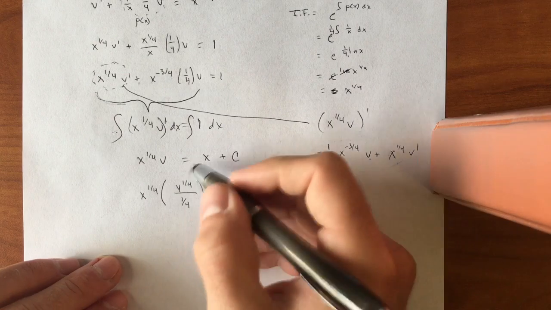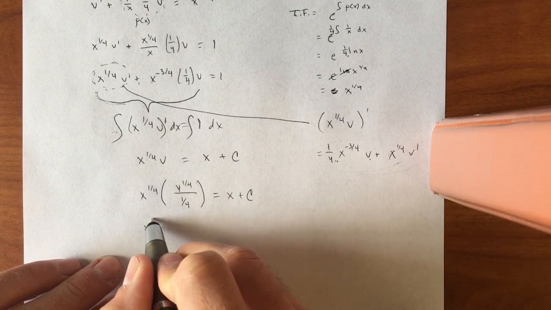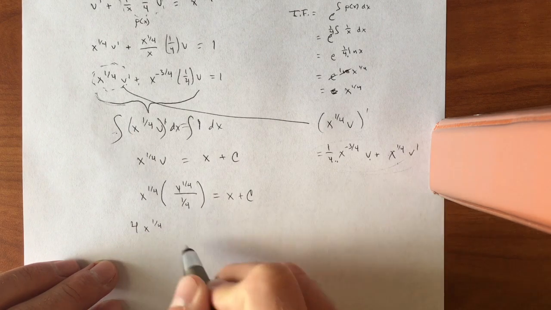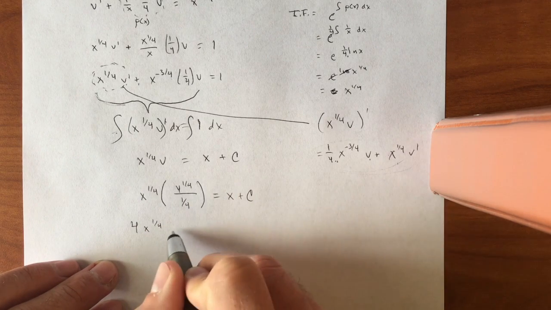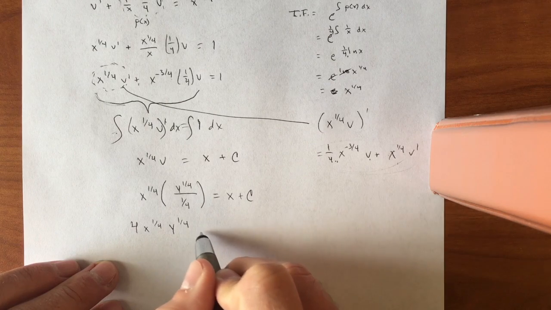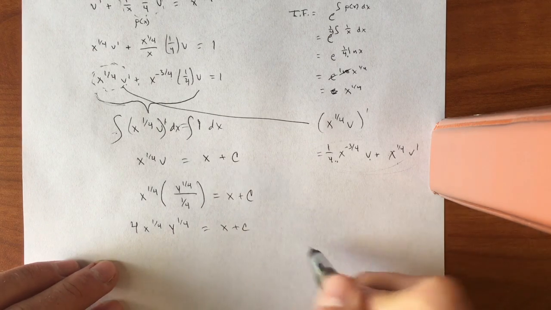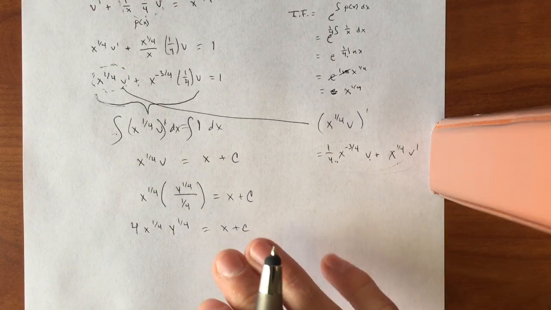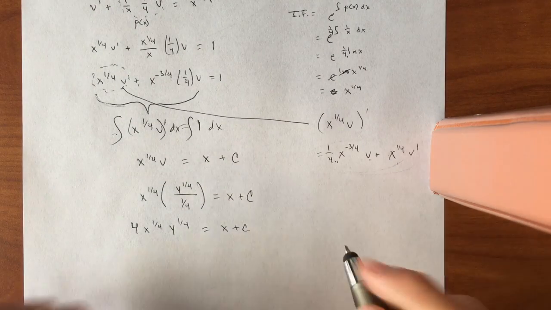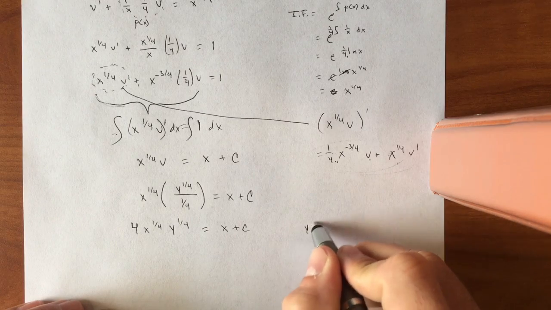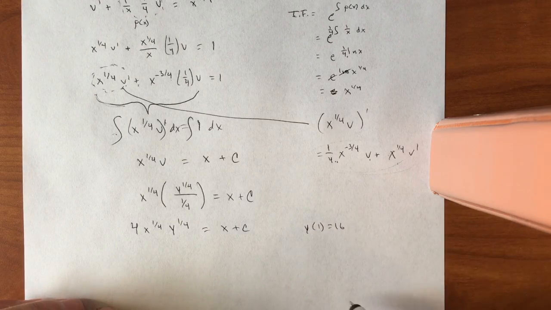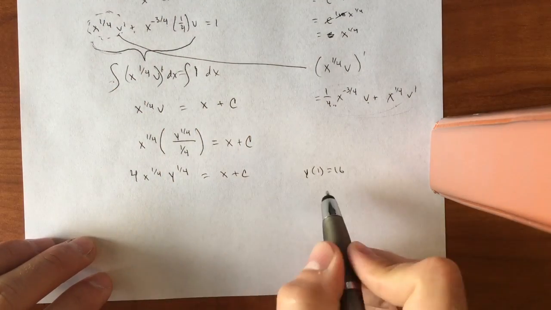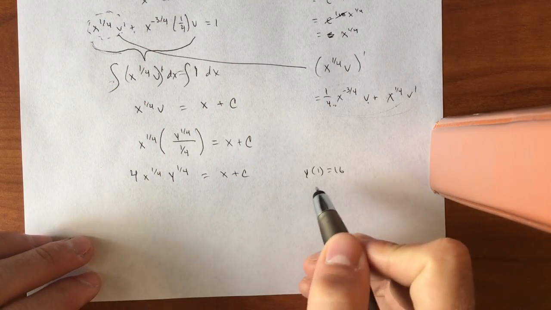Now just simplifying this even more, we'll bring that 1/4 up, and we can write it as 4, bringing this 1/4 up, x to the 1/4 y to the 1/4 equals x plus c. And now we pretty much have it all solved. We just have to use our initial condition, which is y of 1 is equal to 16. And using that, we will substitute our y's to equal 16 and our x's to equal 1.